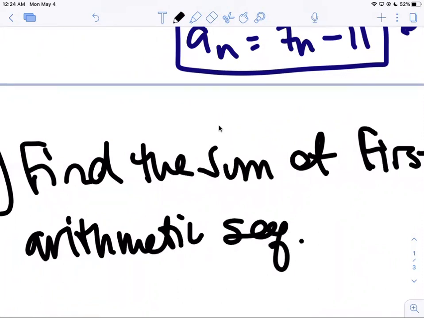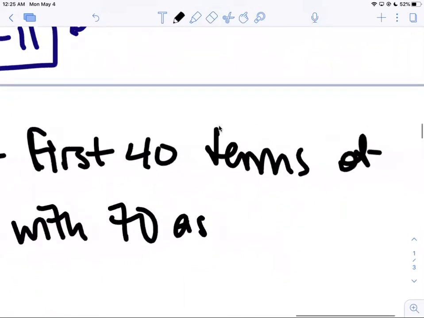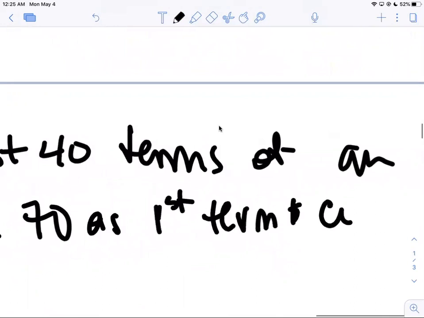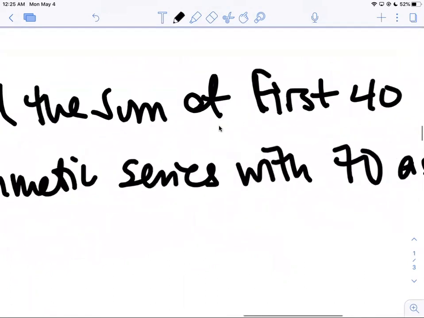Oh, series. I don't know why I said sequence there. Arithmetic series with 70 as the first term and common difference of negative 21.